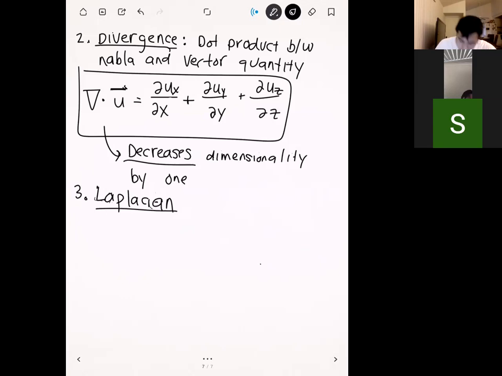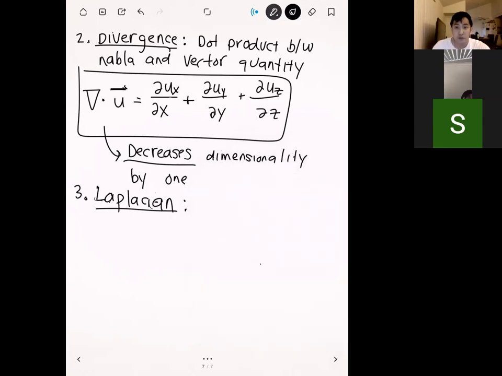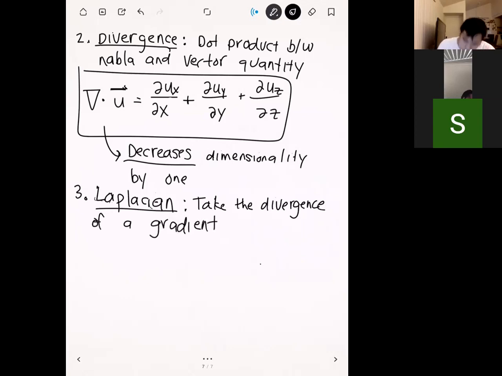Okay. And so the last operator that I want to go over is called the Laplacian. Okay. And so the Laplacian is the combination of both of these guys. Okay. And so the way that we get the Laplacian is we take the divergence of a gradient. Okay.